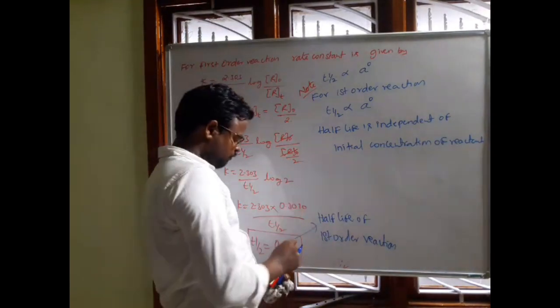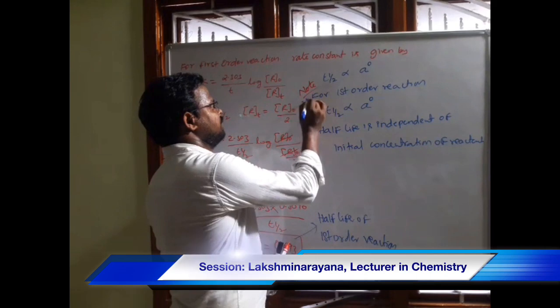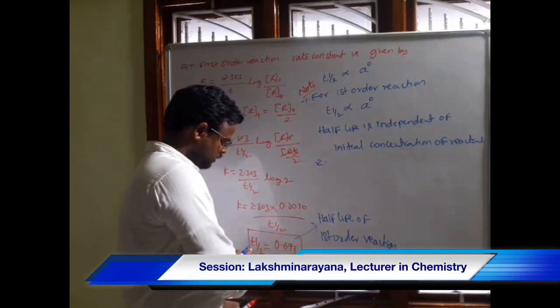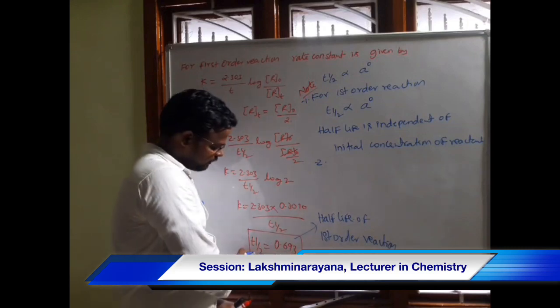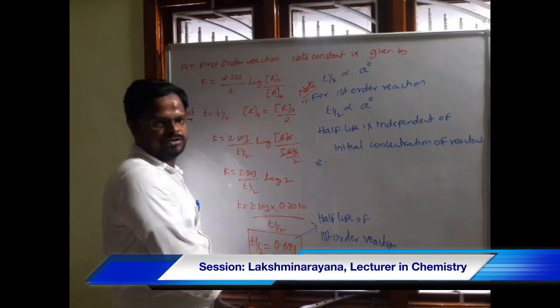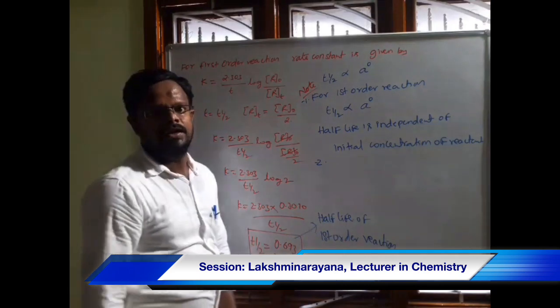Okay, and one more important point we can draw from this. See, T half is equal to 0.693 into 1 by K. That is nothing but T half of a first order reaction is inversely proportional to its rate constant.